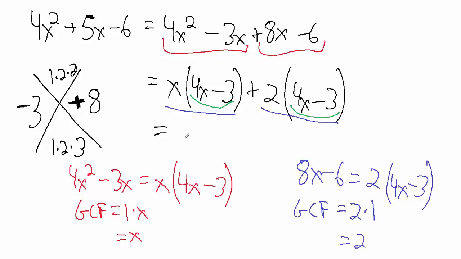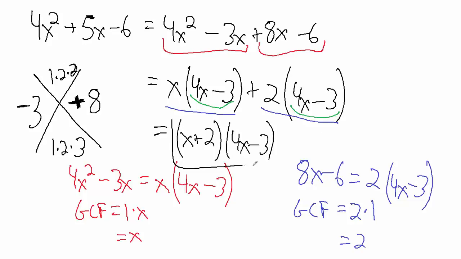And when we do, we're going to be left with x plus 2, that quantity multiplied by the quantity 4x minus 3, which again is the common factor that we just pulled out. So that's the solution here, and if we have 4x squared plus 5x minus 6, then what we just found out is we can factor that into x plus 2 times 4x minus 3.